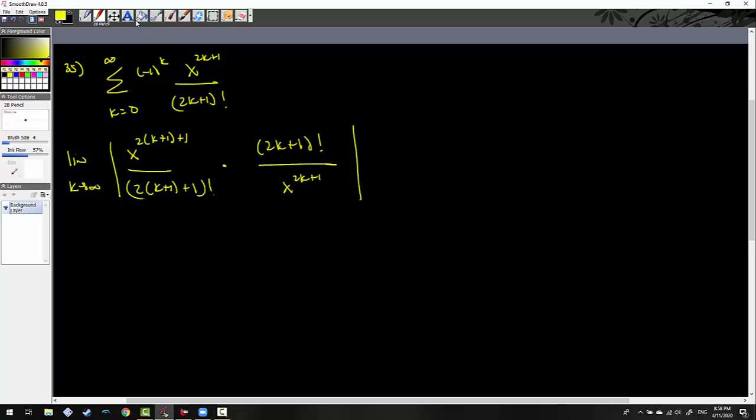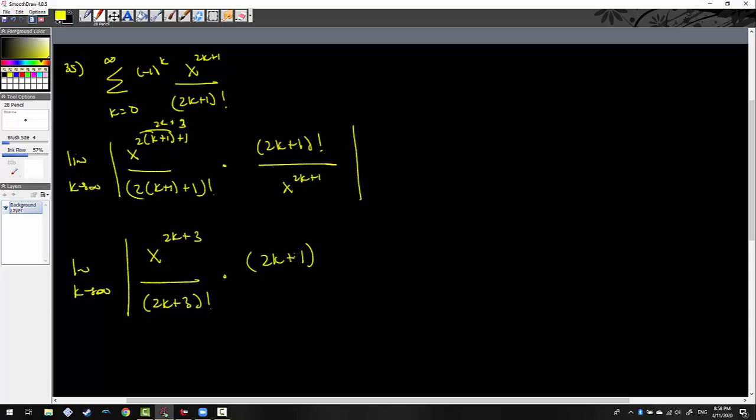So, standard operating procedure on the algebraic manipulation here. This is going to be a 2k plus 2 plus 3, so it'll be a plus 3 here. So I've got the limit as k goes to infinity of x to the 2k plus 3 over 2k plus 3 factorial times 2k plus 1 factorial over x to the 2k plus 1.